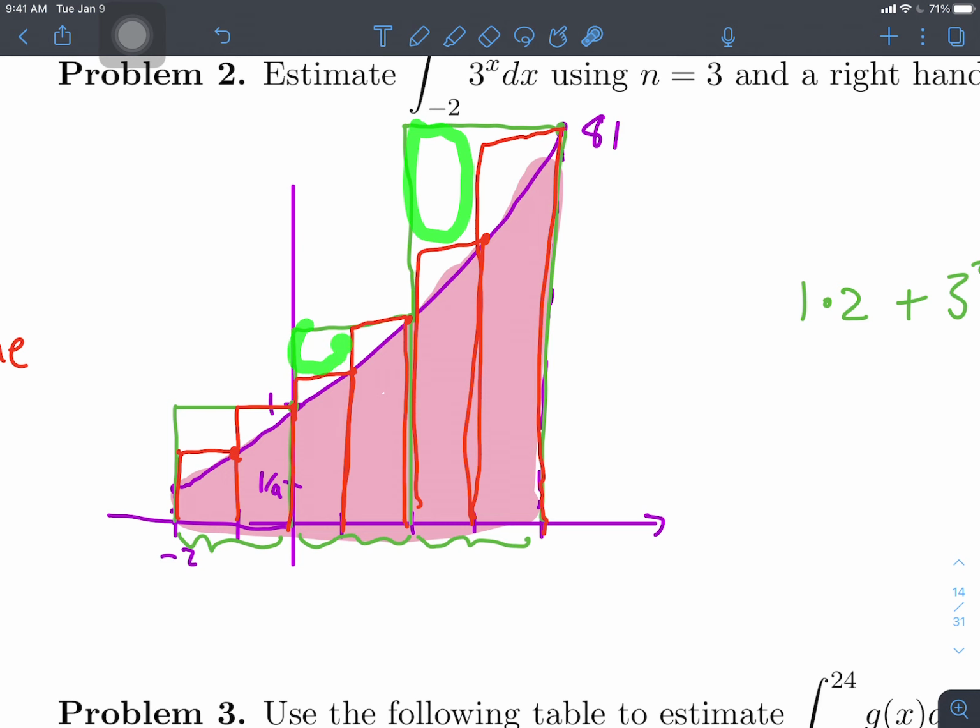This stuff and this stuff and this stuff was extra error from the green mesh. And when I refined to the red mesh, I got less error, right? So you can imagine if I used even skinnier rectangles, it would get better. And if I used even skinnier and skinnier rectangles, then the area would become really, really close to the true area.